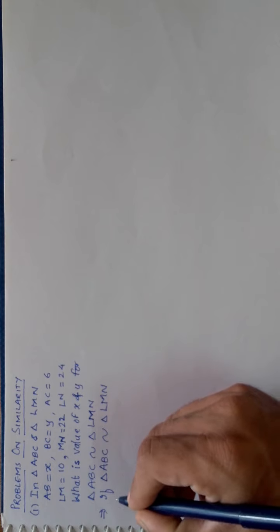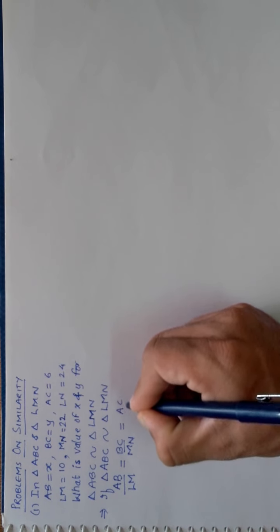I told you how to take the correspondence. The first, second side of the first triangle, the second triangle comes down. The first one's existence is above, the second one's existence will be below. So it will be first second and first second.